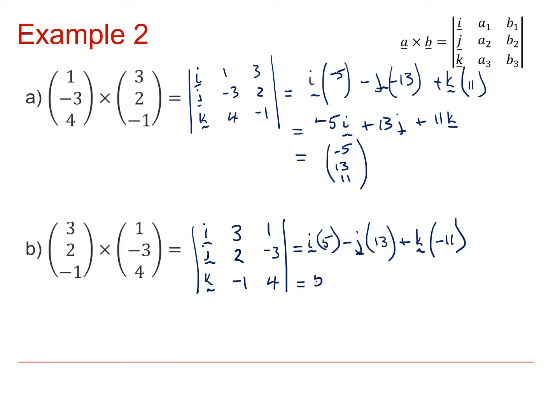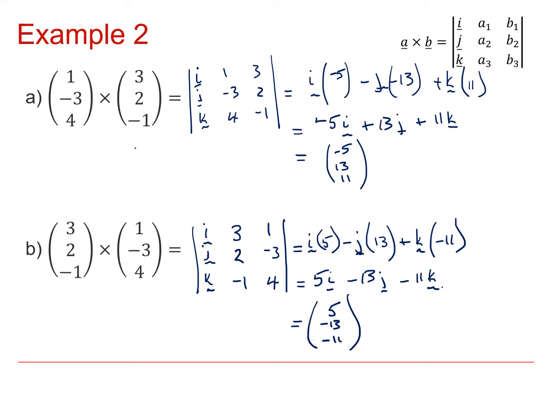So that gives me 5i minus 13j minus 11k. And again, I can write that as a column vector, 5, minus 13, minus 11.